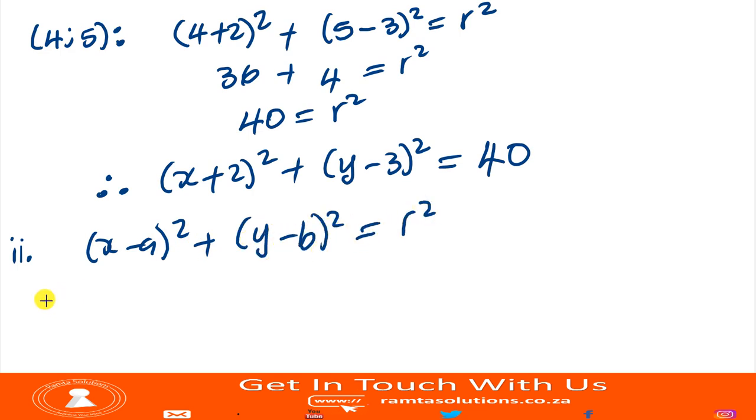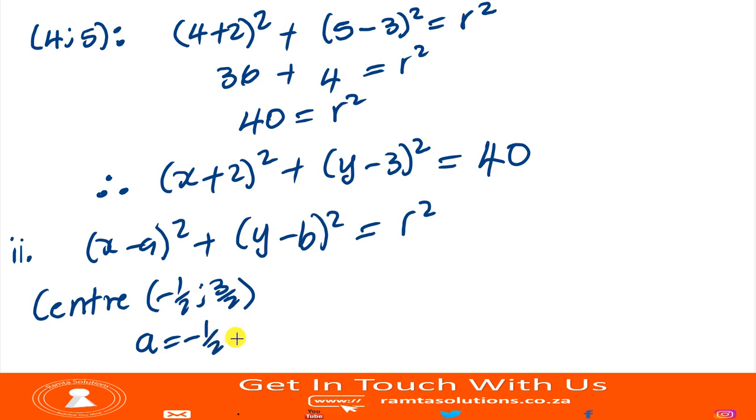Let's focus on the center. It had the coordinates -1/2 and 3/2. As you can see, negative means this has shifted to the left. Therefore, the value of a is -1/2.